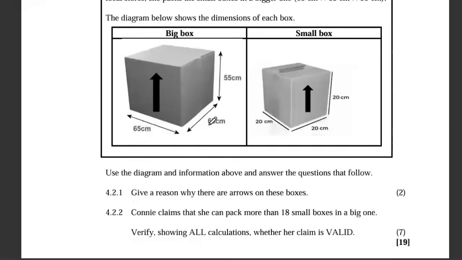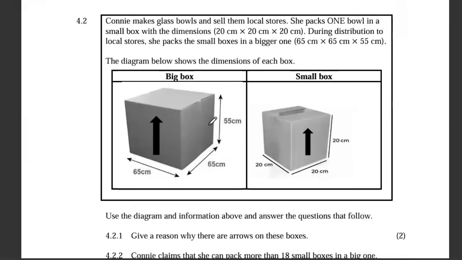Okay, 4.2. Connie makes glass bowls and sells them at the local stores. She packs one bowl in a small box with dimensions of 20 centimeters by 20 by 20 centimeters. During distribution to the local store, she packs the small boxes in bigger boxes. 65, 65, 55.